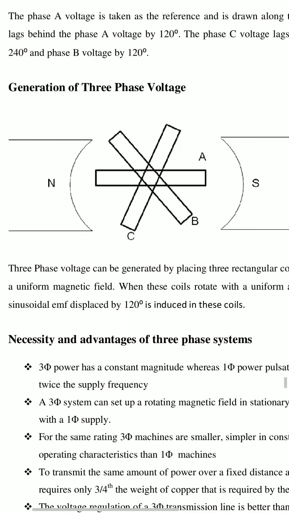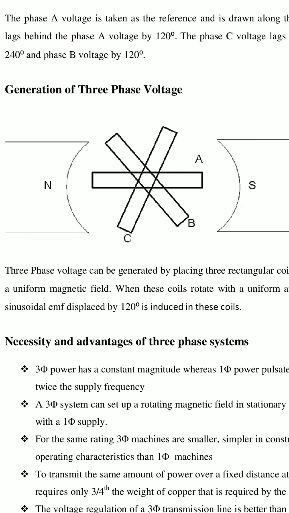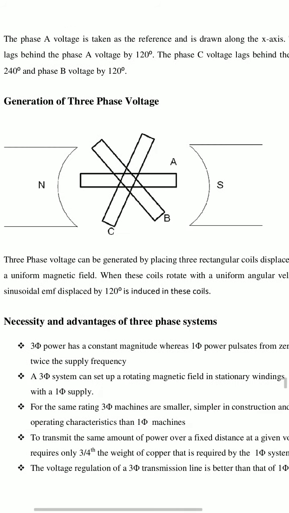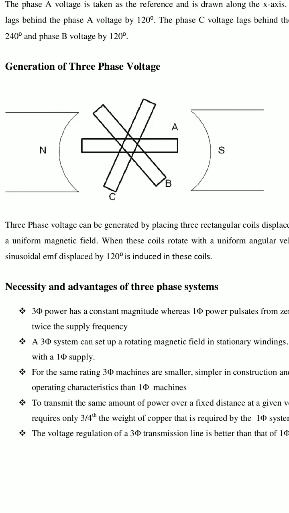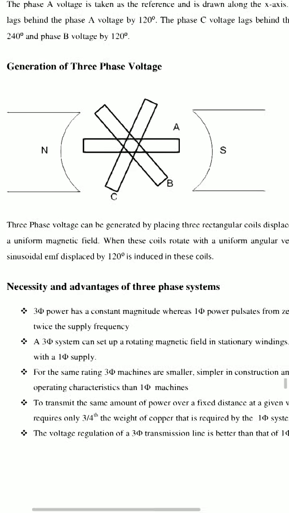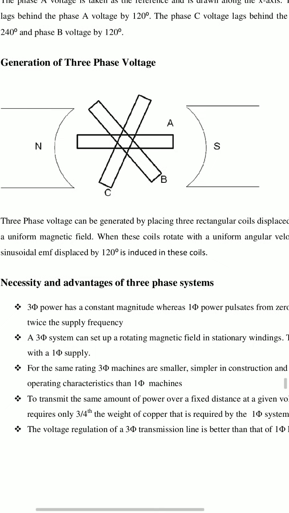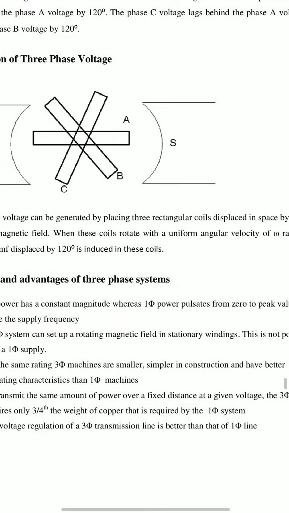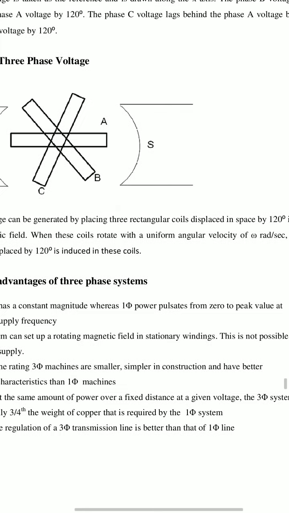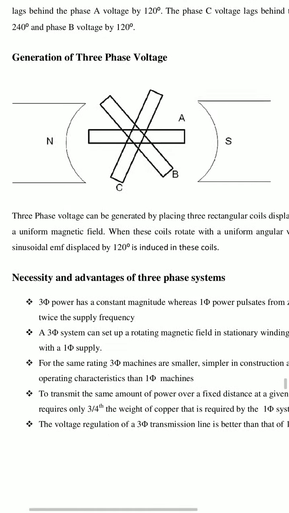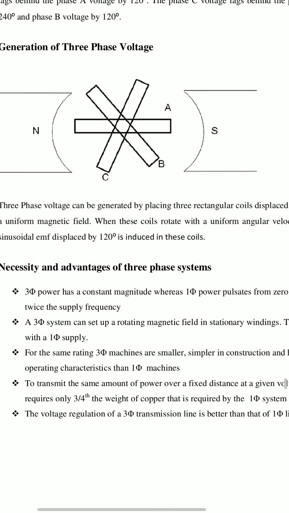Here is the generation of three-phase voltages. Three-phase voltage can be generated by placing three rectangular coils displaced in space by 120 degrees in a uniform magnetic field.